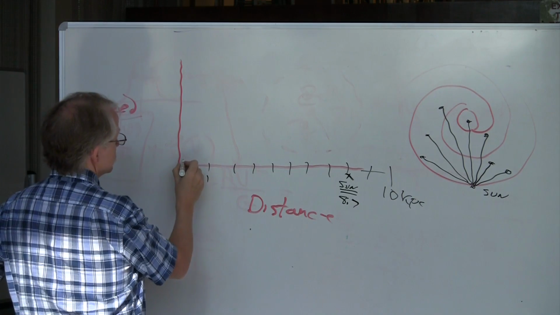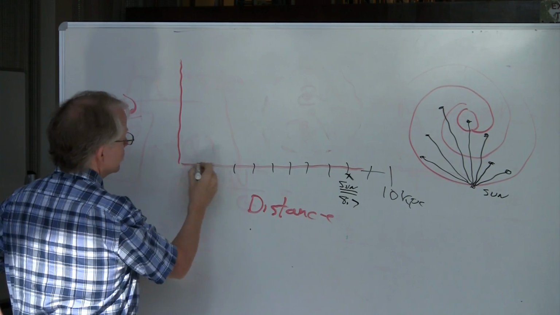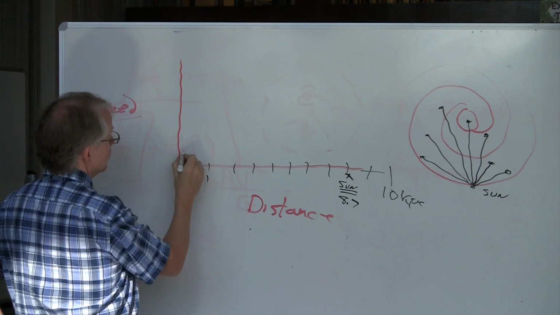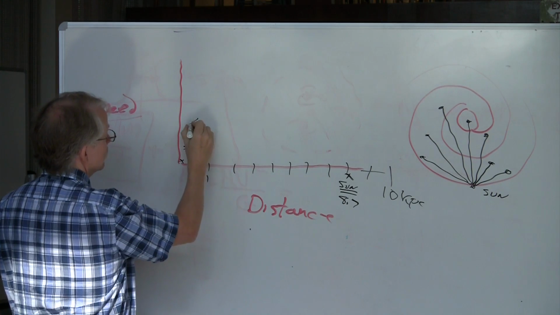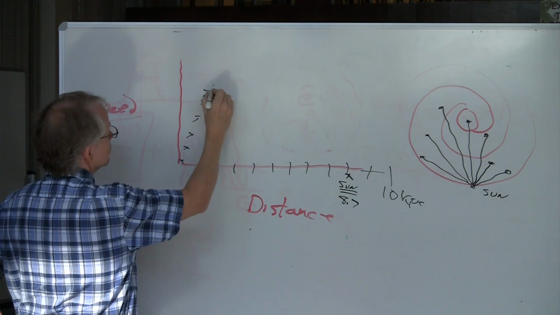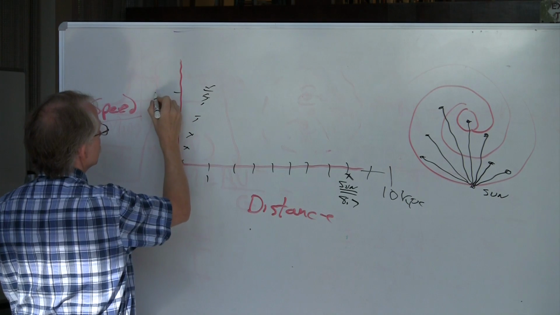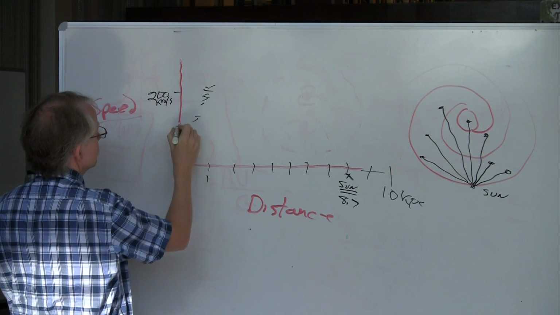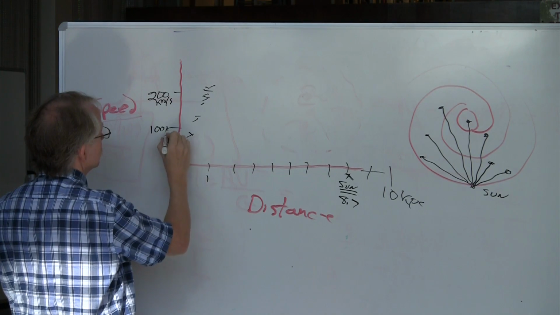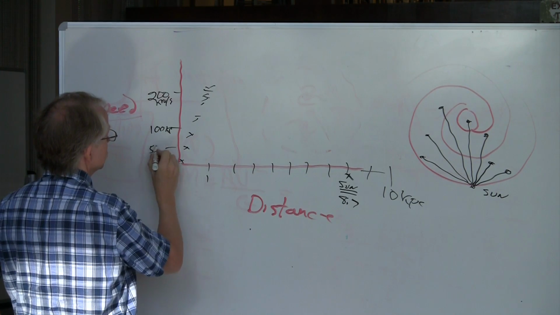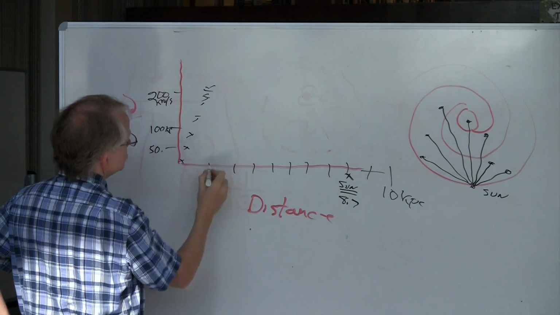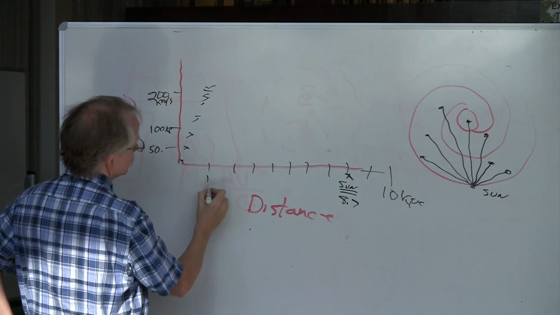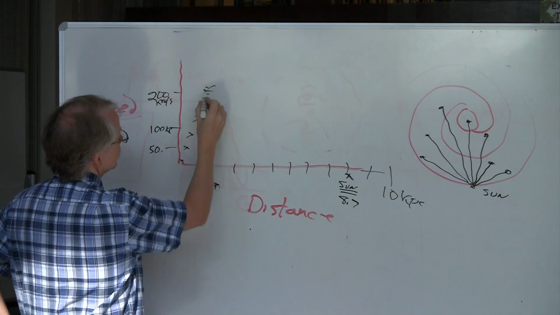What we discover is that very close to the center of the Milky Way, the speeds for things are sort of increasing like so to about 200 kilometers per second. Here's 100. Here's 50. It increases out to about a kiloparsec, about 3,000 light years.